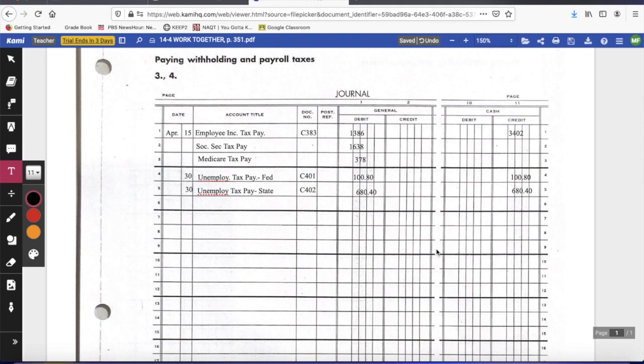But that is how you do 14.4 work together. I'm going to tell you that on 14.4 on your own, for your Social Security tax payable and your Medicare tax payable, again, you're going to have to add an additional month in there to pay it, just because you're in the next month. So if you have any questions, again, let me know via email, text message, phone call.